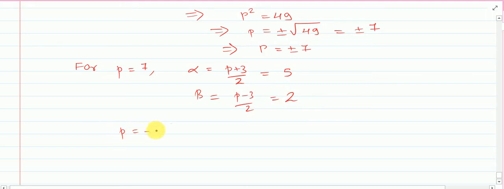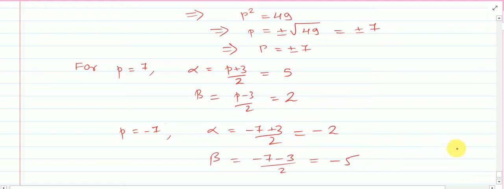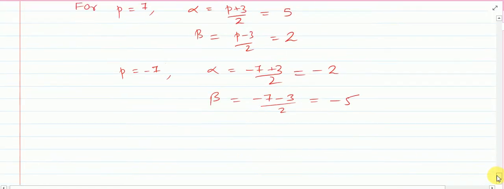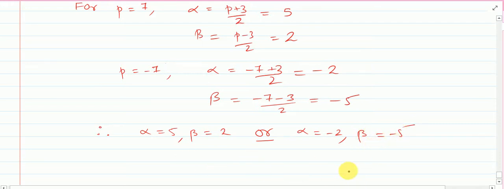And for p equal to minus 7, your alpha will be minus 7 plus 3 by 2, so you are getting minus 2, and your beta will be minus 7 minus 3 by 2, so minus 5. Therefore alpha equal to 5, beta equal to 2, or alpha equal to minus 2 and beta equal to minus 5. So you got these values. Done.